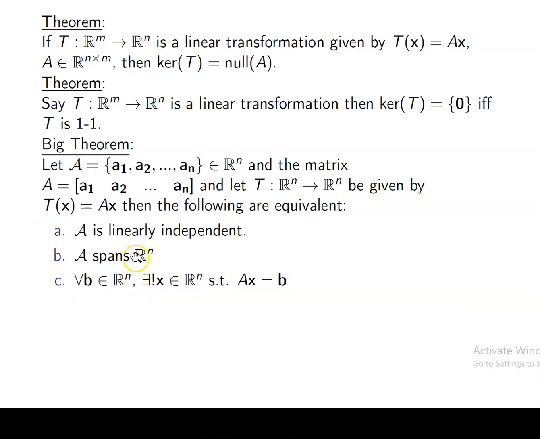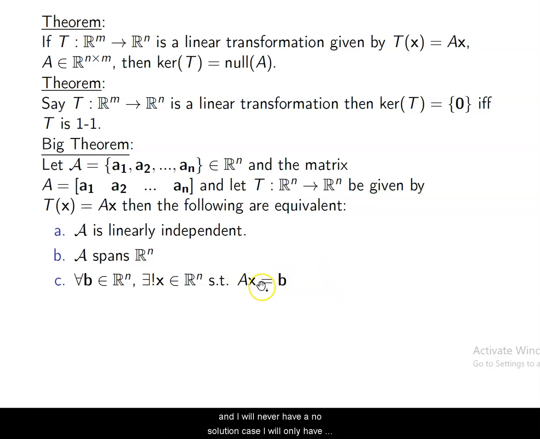What does this mean? It means that for every Ax equals b that I have, b is any vector, A is the matrix formed here, there's always a solution to it. And there's always a unique solution. There's only one solution, meaning I will never have an infinite solution case, and I will never have a no solution case.